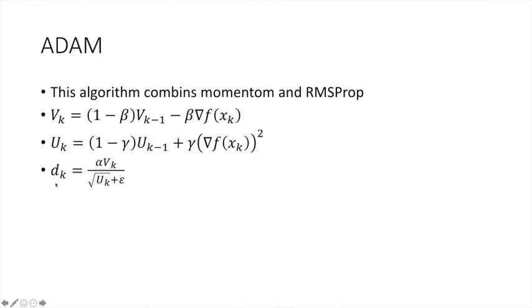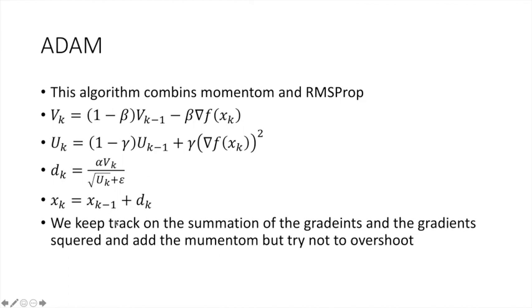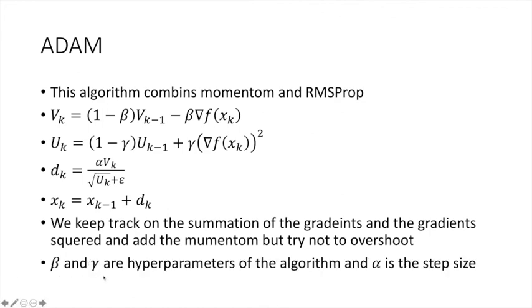And so dk, which is the step we are taking right now, is equal to alpha, being the step size, multiplied by vk divided by the square root of uk plus epsilon. So xk equals xk minus 1 plus dk. We keep track of the summation of the gradients and the gradient squared and try to use momentum but try not to overshoot. So beta and gamma are hyperparameters of the algorithm and alpha is the step size.